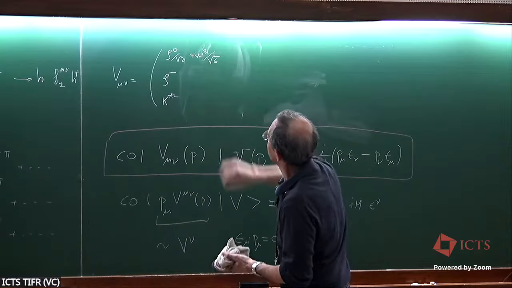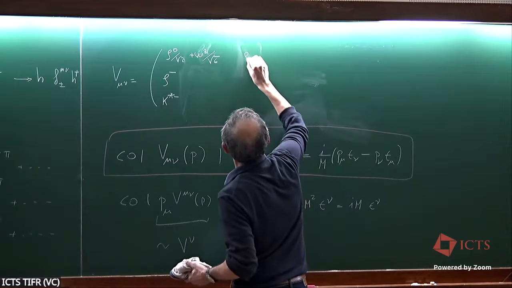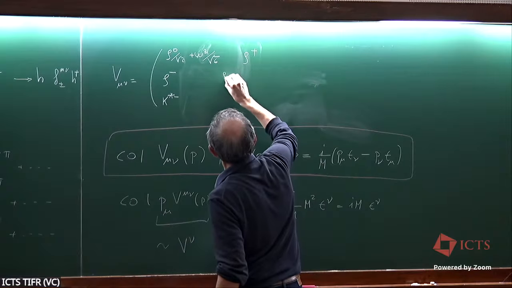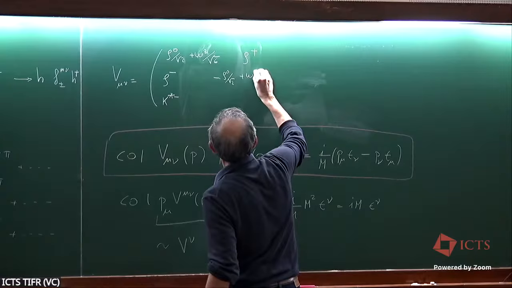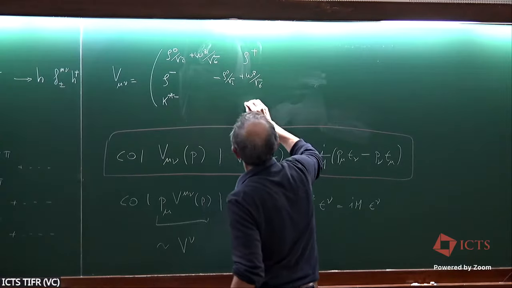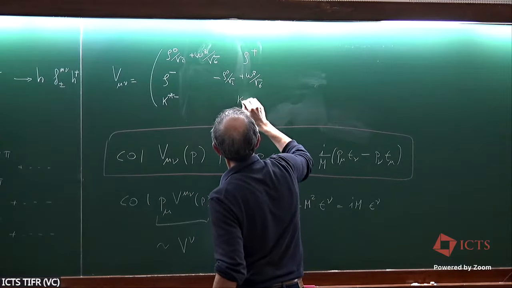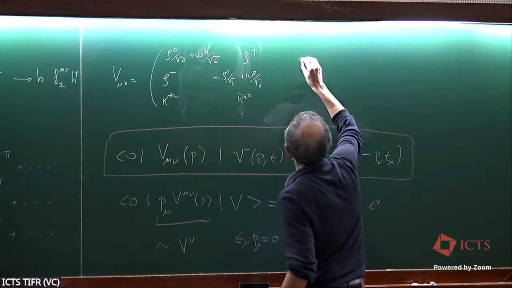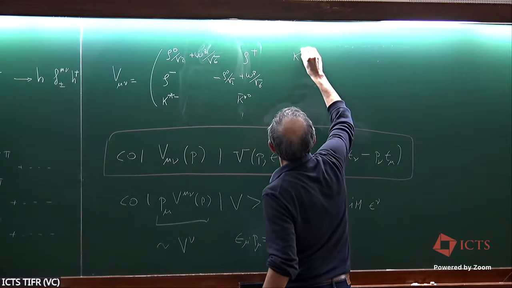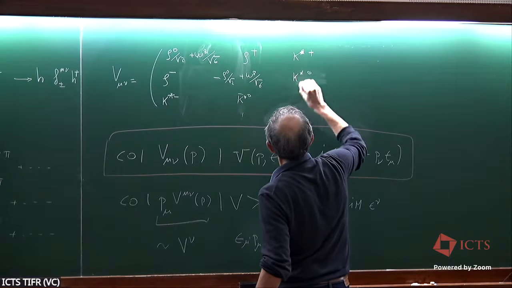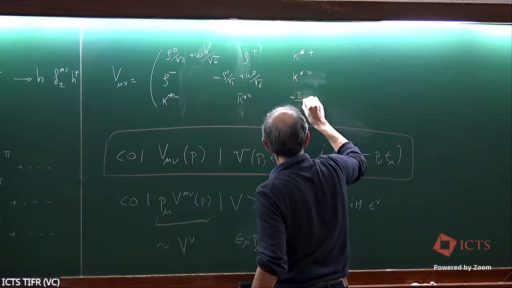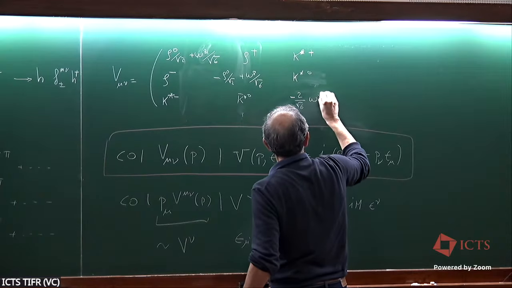So the first entry is there. Then here there is rho plus, so the second entry is this rho 0 over square root, all this square root, with a minus. And here there is K star plus, here there is the K star 0, and here there is minus 2 square root of 6 omega 8.